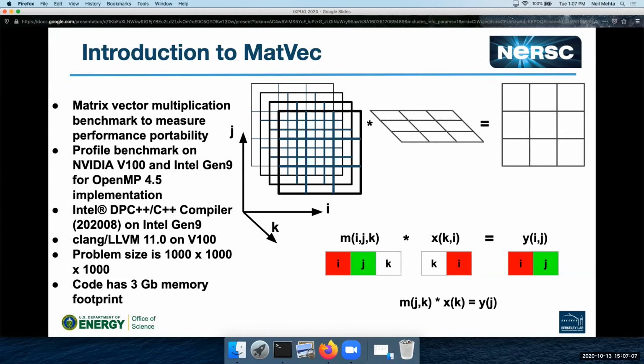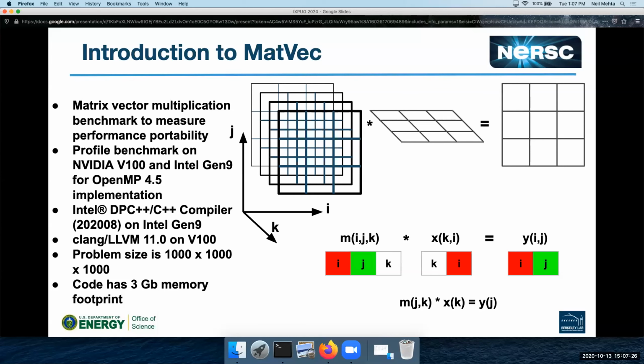We use OpenMP 4.5 directives to achieve this, and we profile this OpenMP offload code on Intel Gen9 and compare its performance with the commonly available NVIDIA V100.